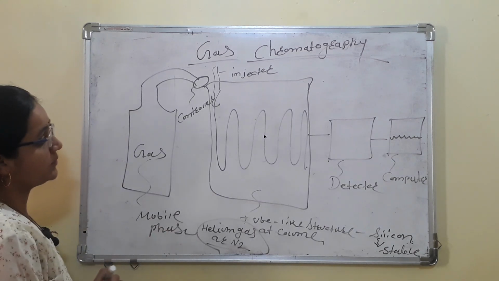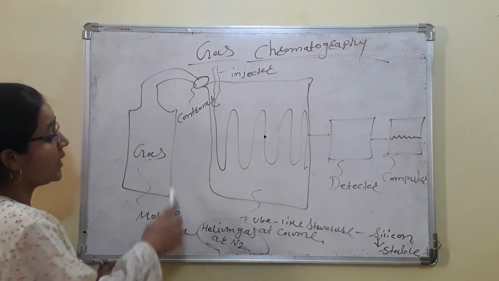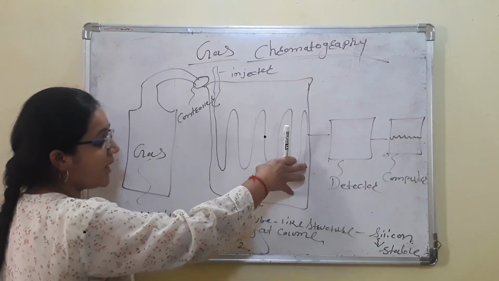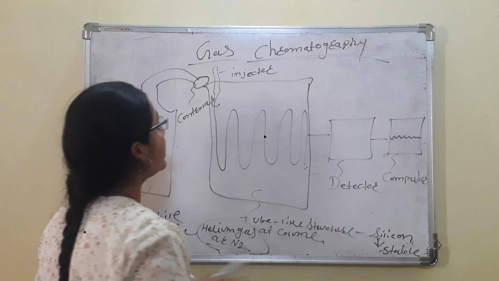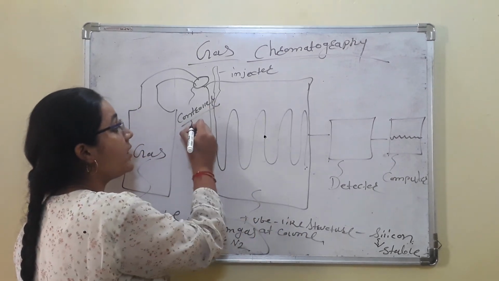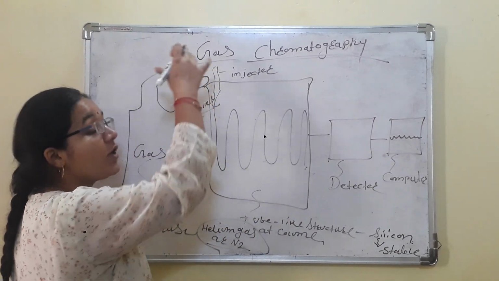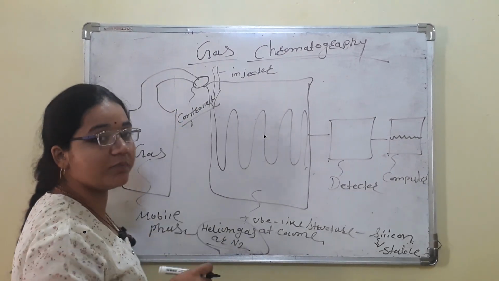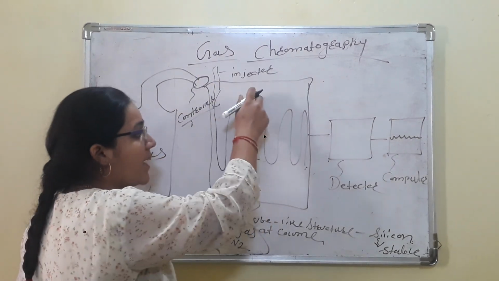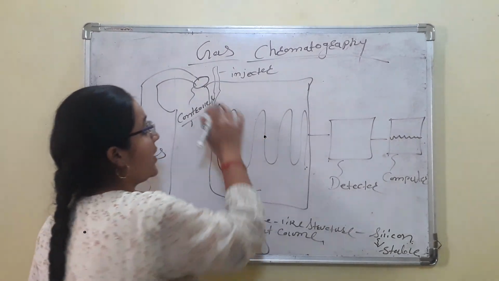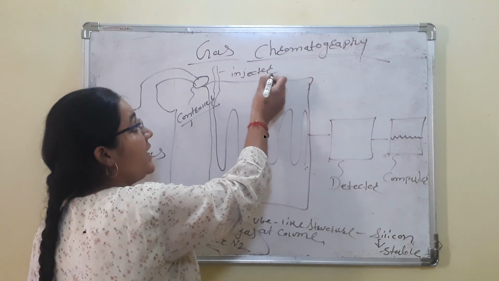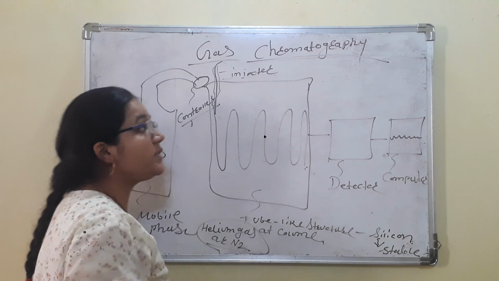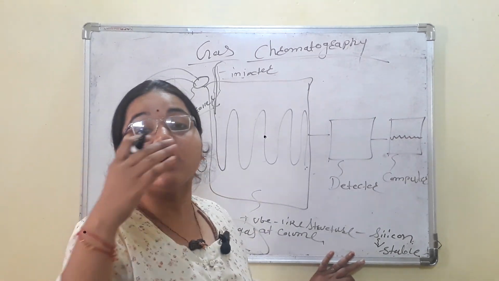So firstly, the gas moves towards the tube-like structure of the column. The controller decides the flow rate of the gas, which is very important, and then the gas passes into the column, and we inject different types of sample with the help of the injector. Mostly we use the sample in a gas form, which is very beneficial in this technique.